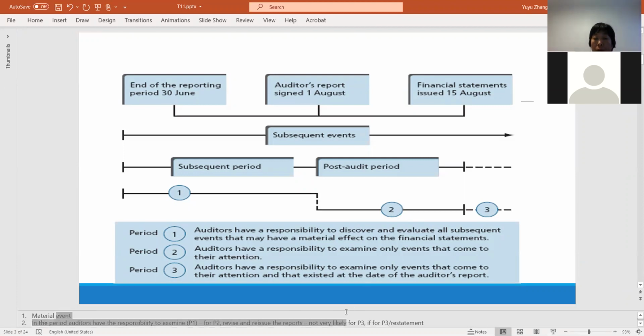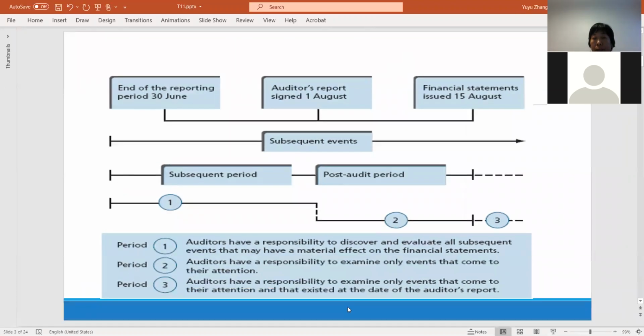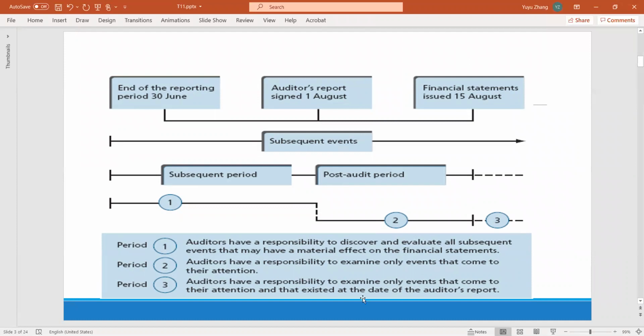First, in terms of the subsequent event, there are two things we have to pay attention to. The first thing is, what is a subsequent event?